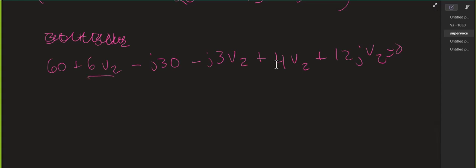So now let's see what we've got. I've got a 6V2 and a 4V2, which makes 10V2. I've got a minus j3V2 and a plus 12jV2, so that's plus 9jV2. Then taking the rest to the other side, I'll have minus 60 plus j30.